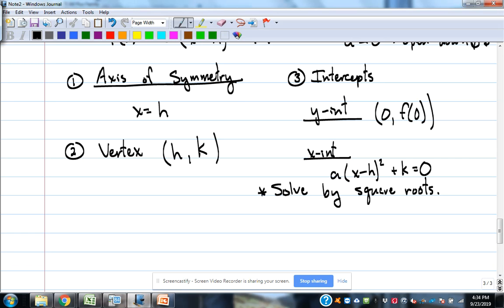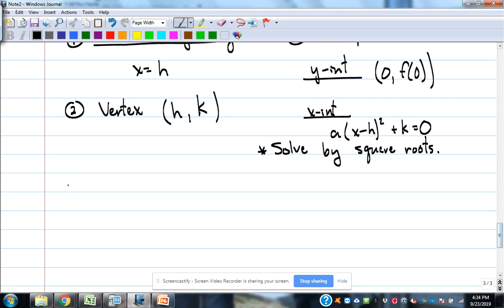Also domain and range. Let's talk about those things. Domain, it's a quadratic function, right? So what's the domain? On the money every time. The range, because it's in vertex form, if A is greater than 0, that means it's going to open up. It's a positive A value.